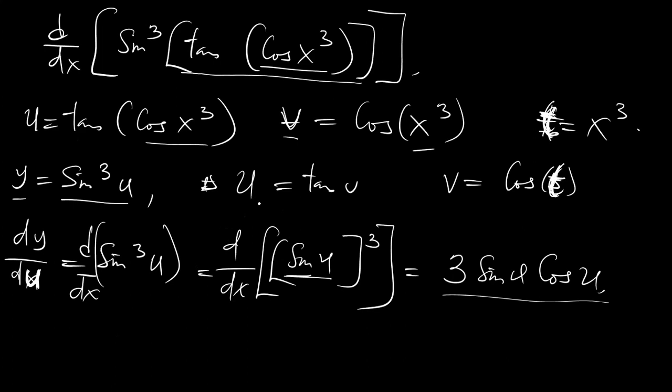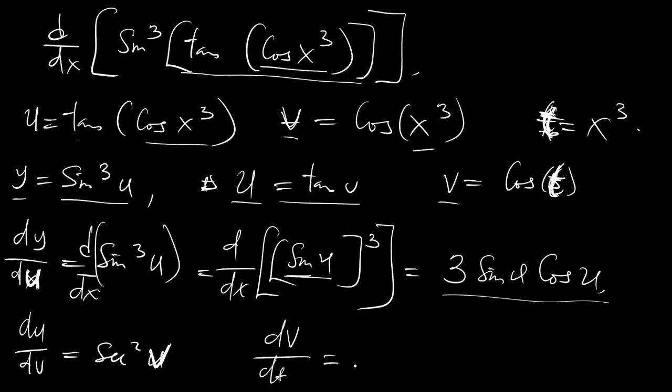Then the derivative of u with respect to v will be sec squared v. Then the derivative of v with respect to t will be minus sine t. The derivative of t with respect to x will be 3x squared.